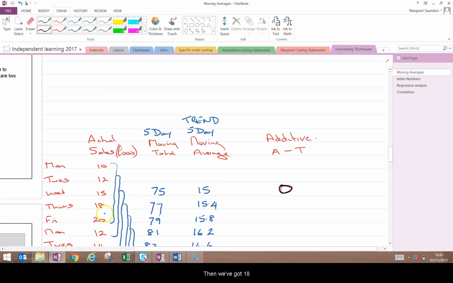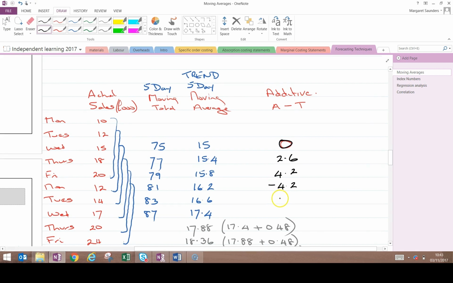Then we've got 18 minus 15.4, 20 minus 15.8, 12 minus 16.2, 14 minus 16.6, and the last one, 17 minus 17.4.